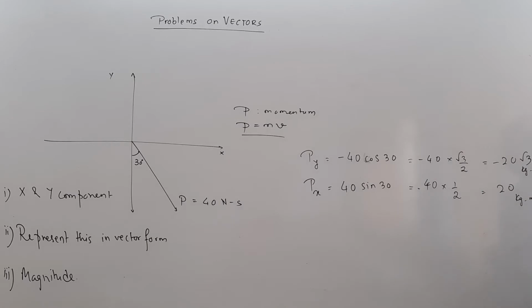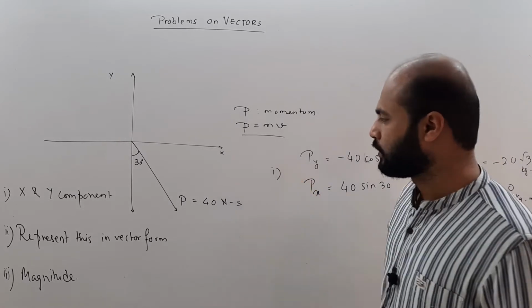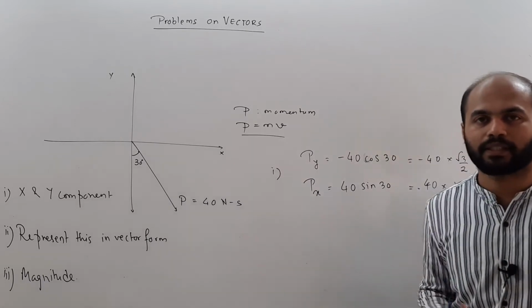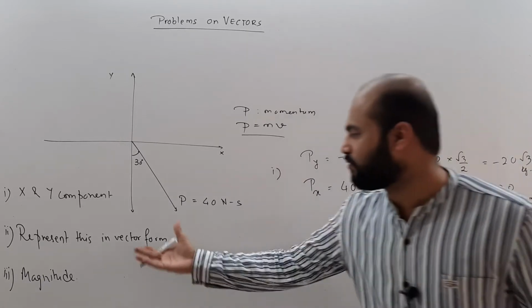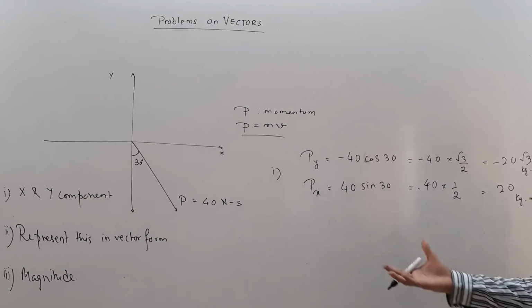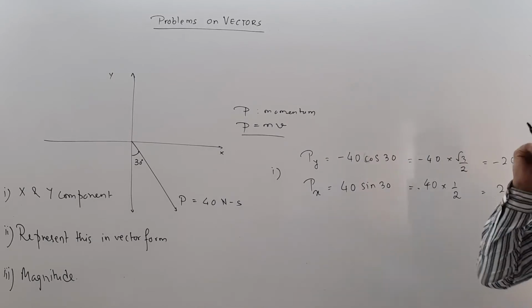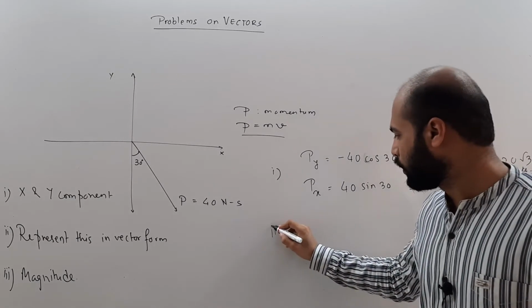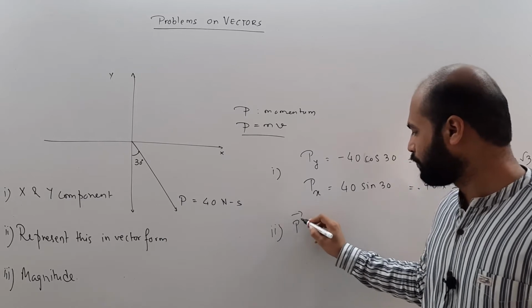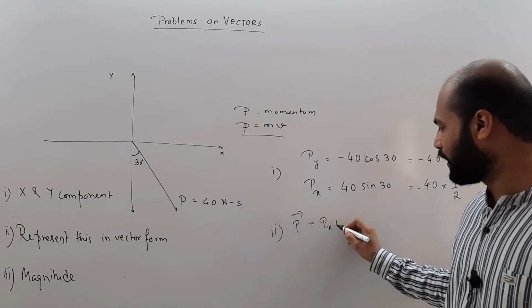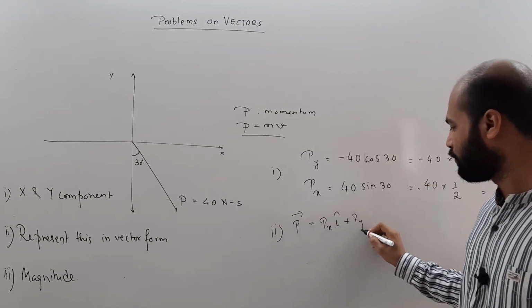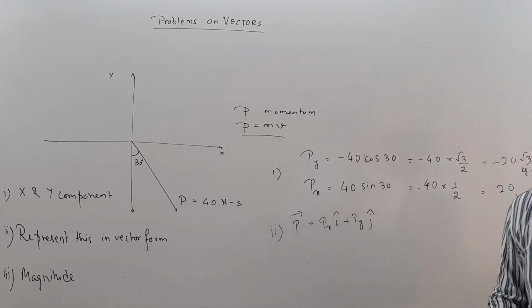So now this is the first question, that is the x and y component we have represented. Now we have to represent this in vector form. So we have got px and py. We can now represent it in vector form. We know that any random vector p bar could be represented as px i cap plus py j cap.